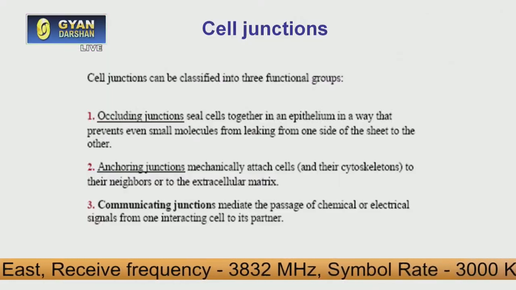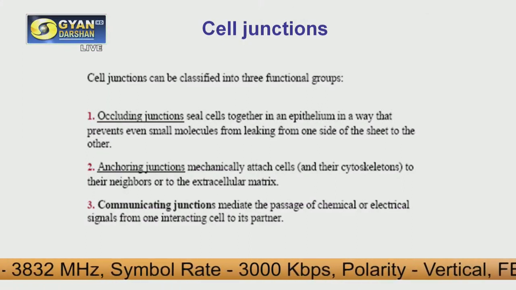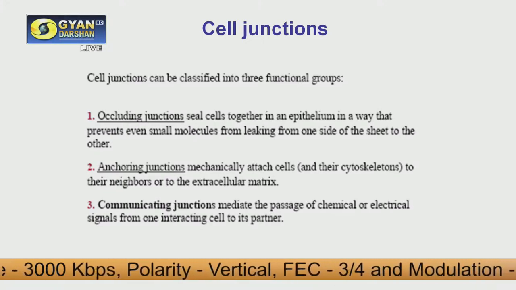And next, the communicating junction. Communicating junction is just the opposite of the occluding junction or the tight junction. That means in case of communicating junctions, there is exchange of metabolites, exchange of chemicals, exchange of ions between two cells. So communicating junction allows free passage or free exchange of ions between the cells.